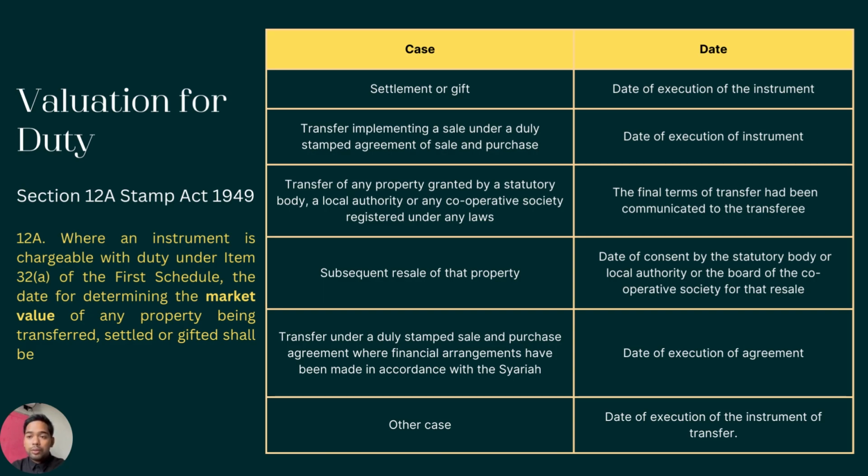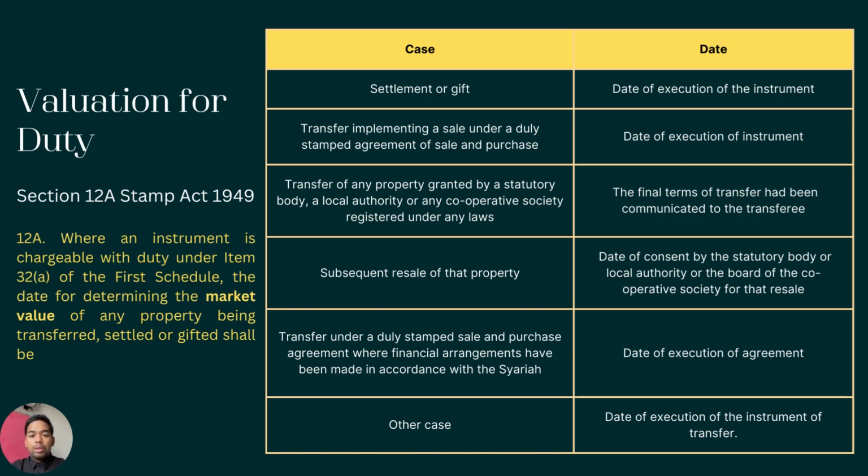Under the case of transfer of any property granted by a statutory body, a local authority or any cooperative society registered under any law, the execution date should be when the final term of the transfer has been communicated to the transferee. In the case of subsequent resale of the property, it is the date of consent by the statutory body or local authority or the board of the cooperative society for that resale.